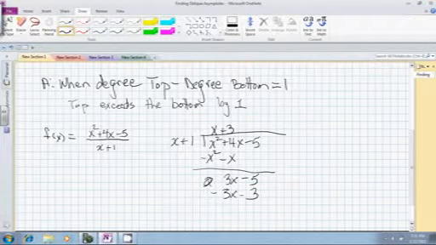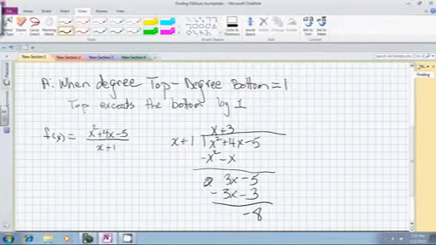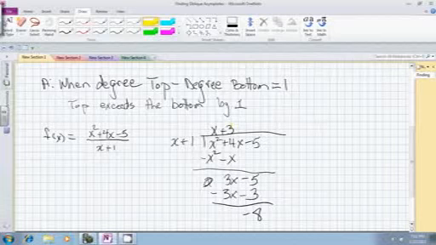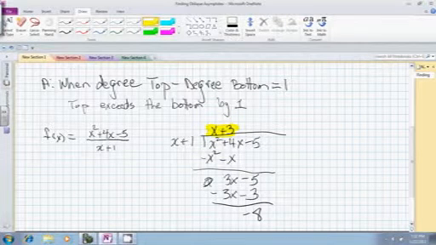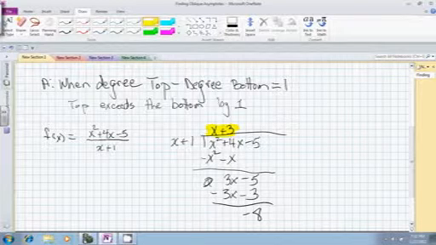Switch your signs, and we get negative 8 as our remainder. So the quotient in this, the x plus 3 at the top, is the oblique asymptote.